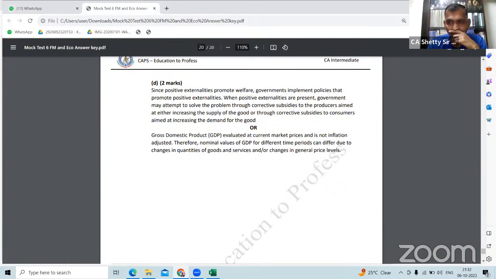Consumers, such as in the case of consumption of a vaccine. Yes, 2 marks. That's also right. Okay. For 2 marks, write one sentence, don't sit and write a long story. Okay? Shall we continue now?